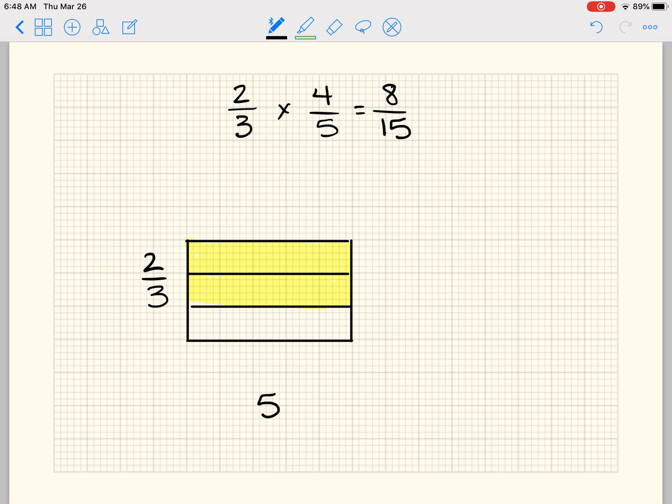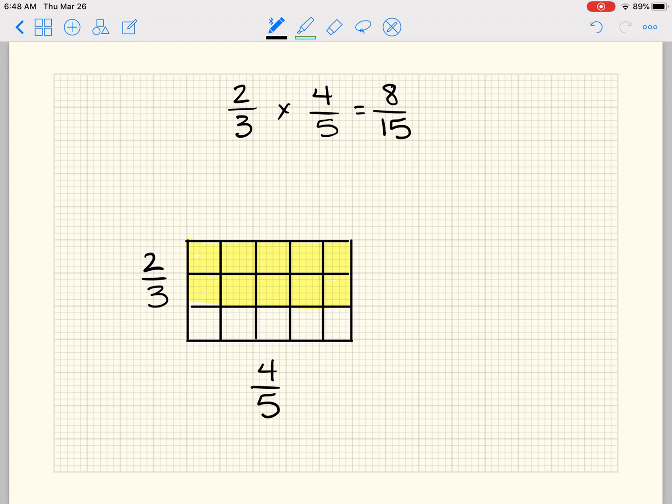Now I'm going to go down to the 5, and I'm going to create 5 columns in this visual fraction model. So I'm breaking it into 5 parts going the opposite direction, going vertically up and down, creating columns. My fraction, though, was 4/5.